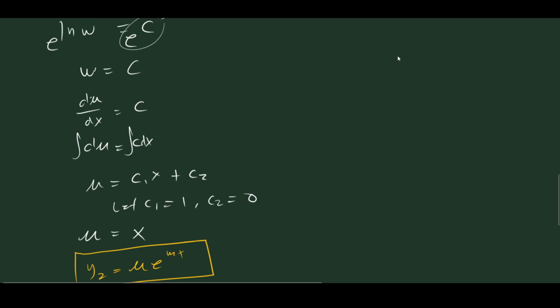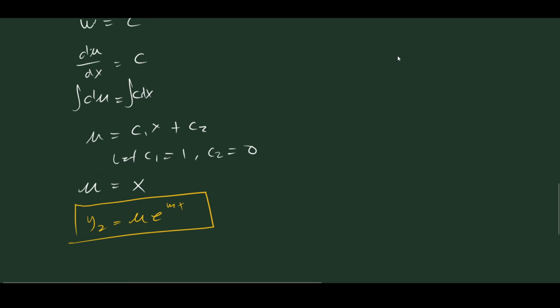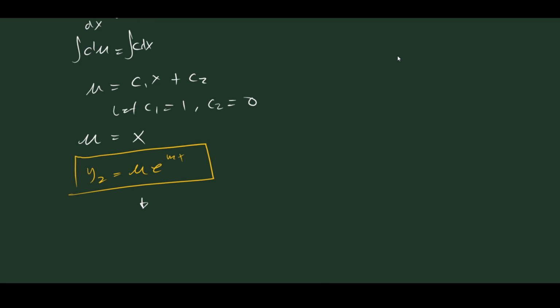Now, in order to arrive at the general solution, we must get the linear combination of our two solutions. Instead of writing it as u, let's write x e raised to mx. So this is our final solution.